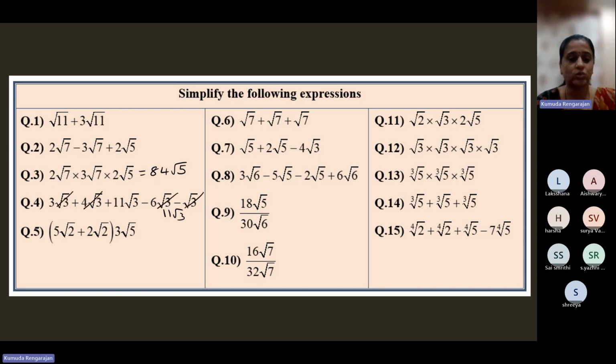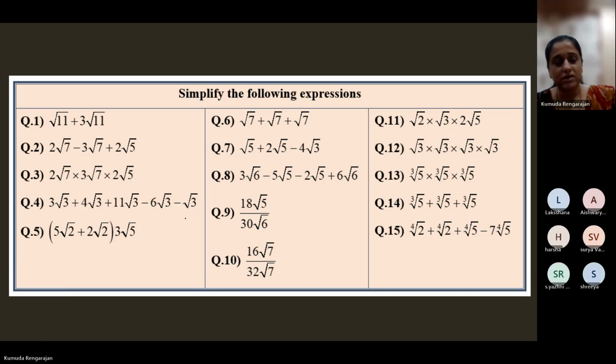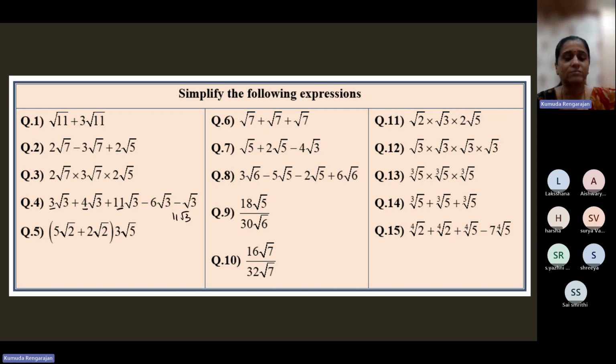Here also minus 7 root 3. So 3 plus 4, 7. 7 plus 11, 18. 18 minus 6, 12. 12 minus 1, there's a 1 here. 12 minus 1, 11. 11 root 3. Harsha?